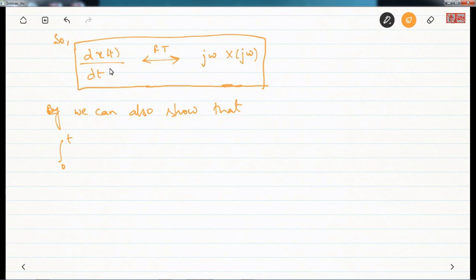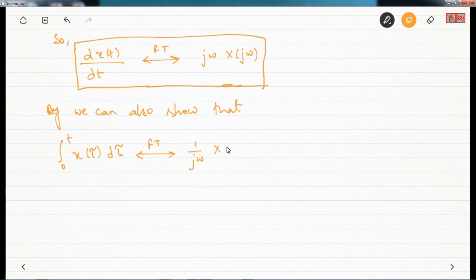What happens if we integrate the signal in the time domain? Say we integrate x of tau d tau, then its Fourier transform will be, see, when we do differentiation it gets multiplied by j omega, but when we do integration it gets divided by j omega.